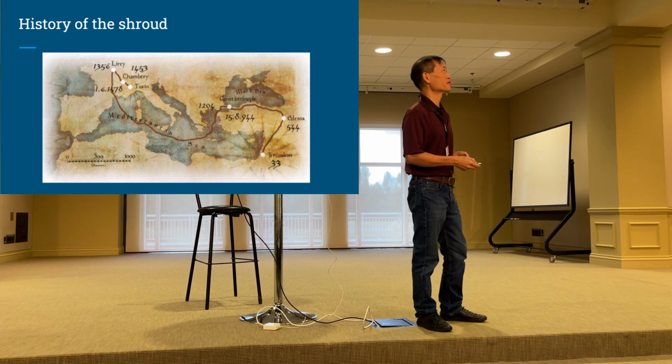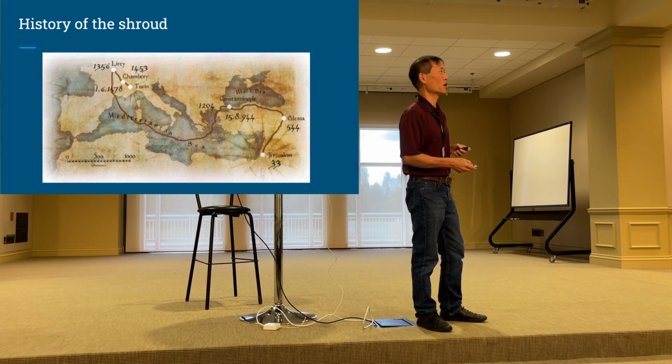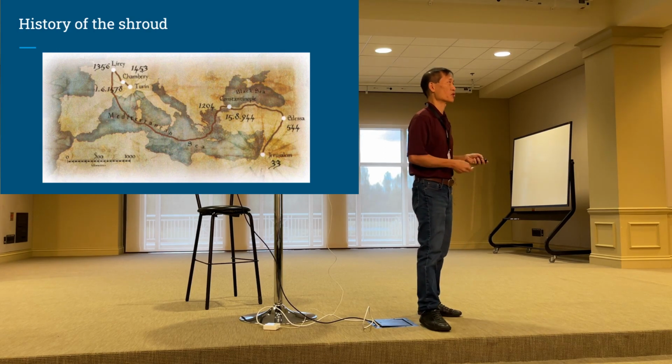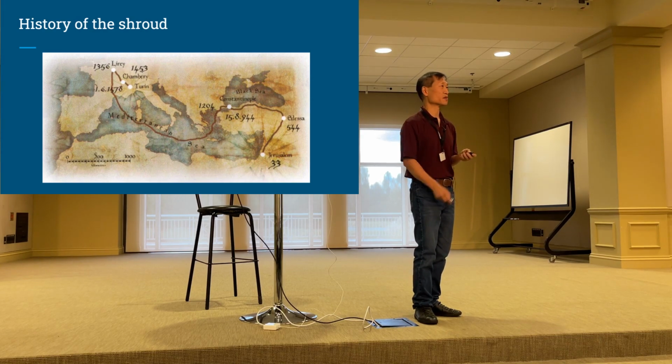And then it traveled to Lirey in 1356, around that time. We don't know exactly when it went over there, but we do know that it existed in Lirey, France in 1356. And then it went to Chambéry. There was a fire there in Chambéry. And then finally it arrived in Turin. So I'm going to quickly go through some of the evidence for this.